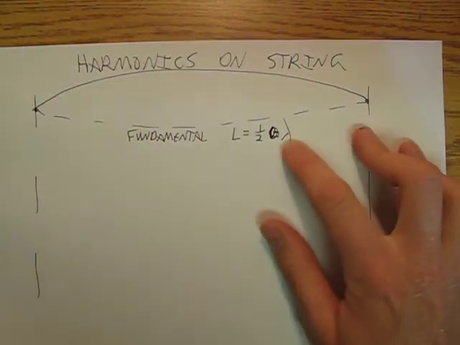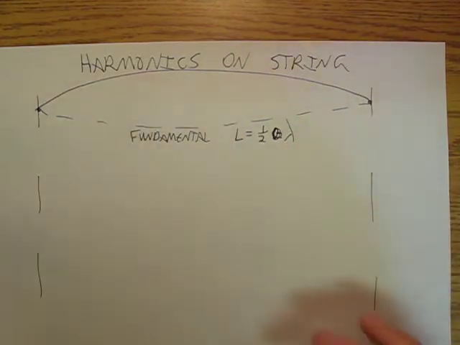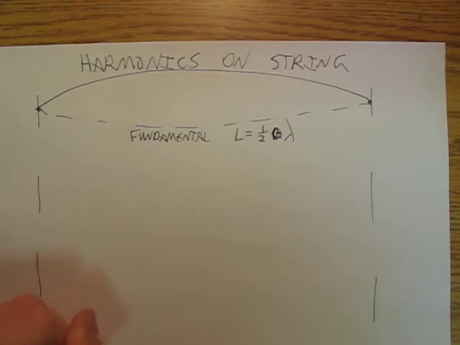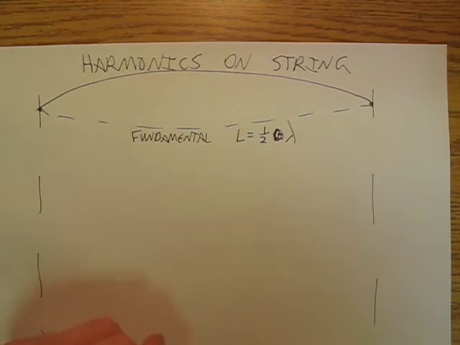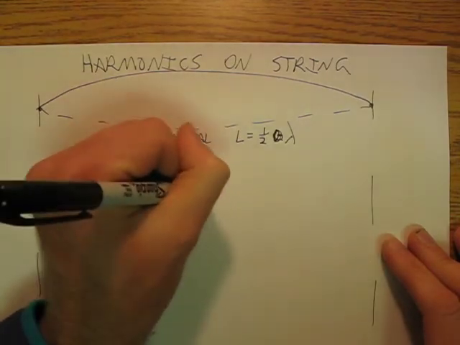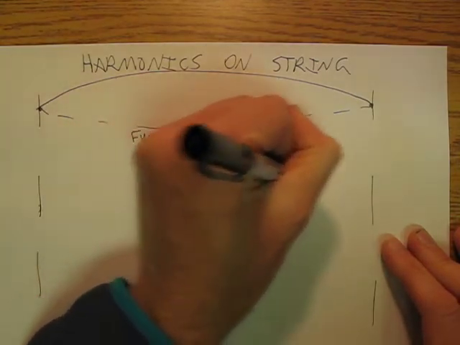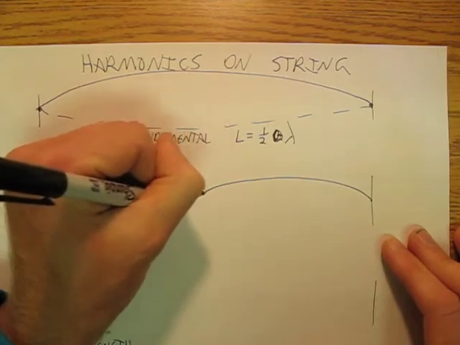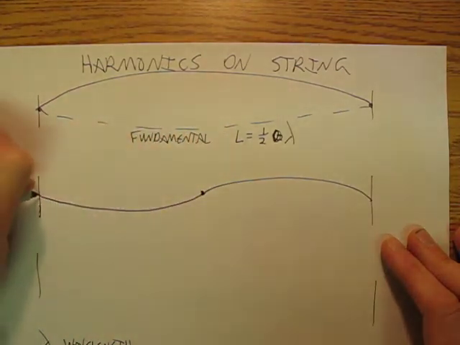So lambda is the wavelength, L is the length of the string. And then I found that if I made a node right in the center, I could get my first overtone.